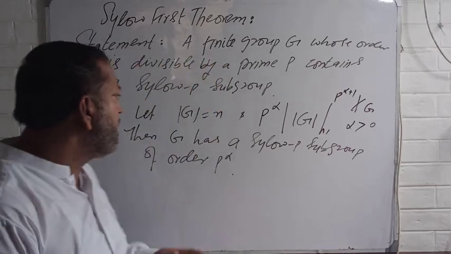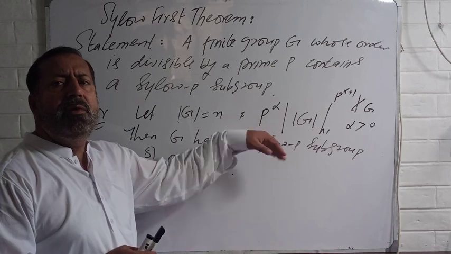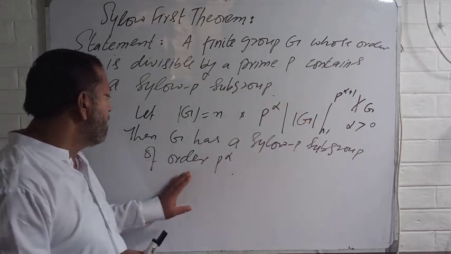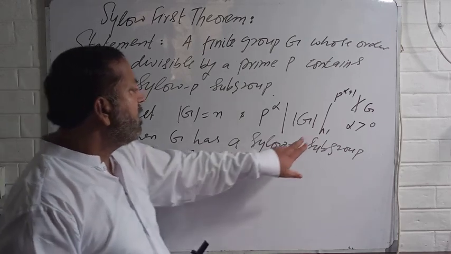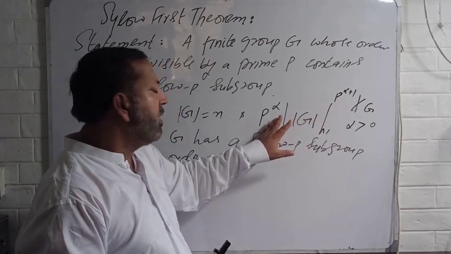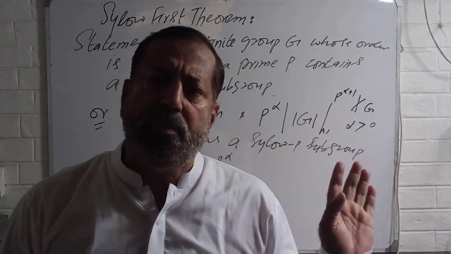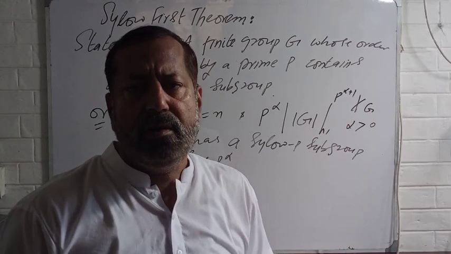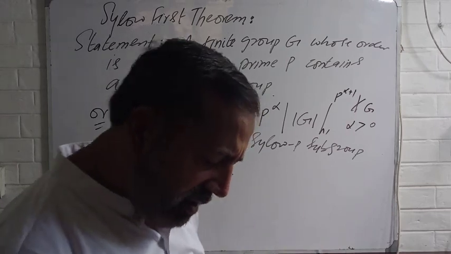If you have a subgroup whose order is P power alpha with no higher power of P dividing the order of G, then G has a Sylow-p subgroup of order P power alpha. This is not a necessary condition. Without this condition, we can show that G has a Sylow-p subgroup of order P power alpha. In this case, you need to show that P power alpha plus 1 does not divide the order of G, so that would fulfill the definition.